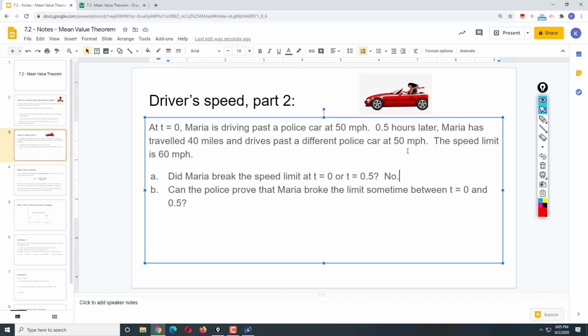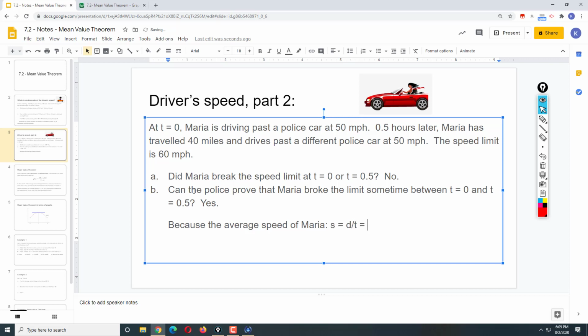So no. Part B. Can the police prove that Maria broke the limit sometime between t equals 0 and t equals 0.5? As a matter of fact, yes, the police can prove this. Why? Because the average speed of Maria, that's the average rate of change. What's her average speed? Well, speed is distance over time.